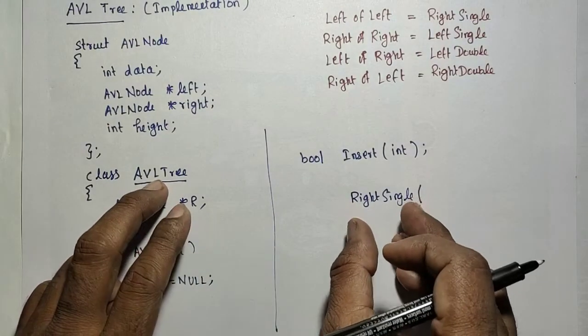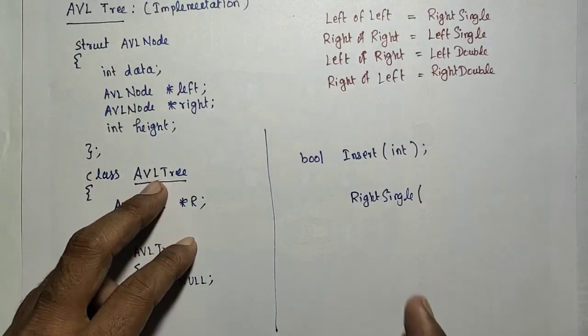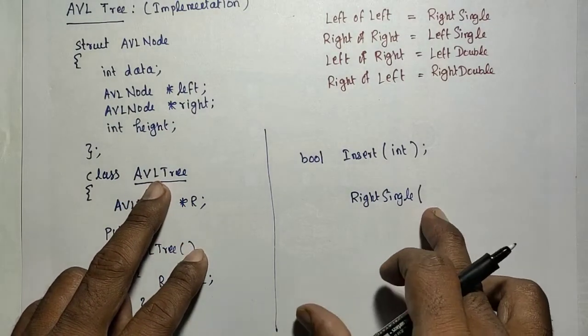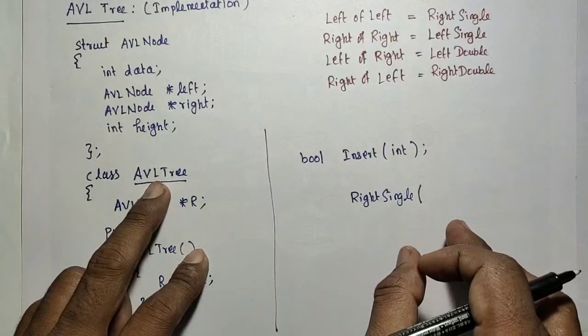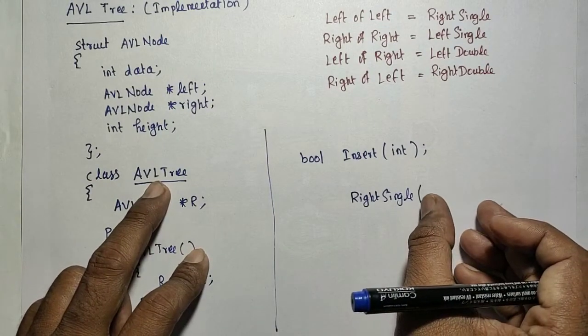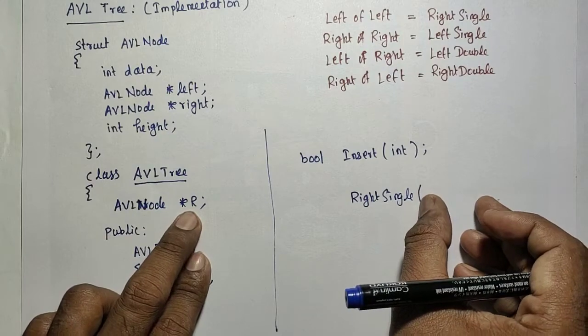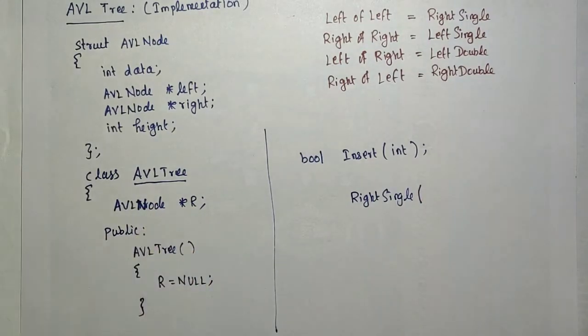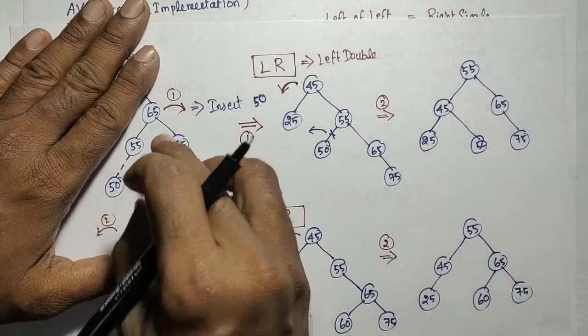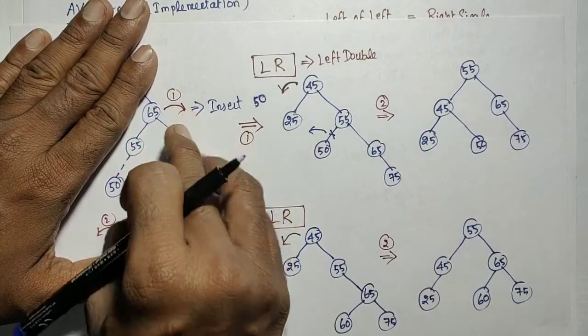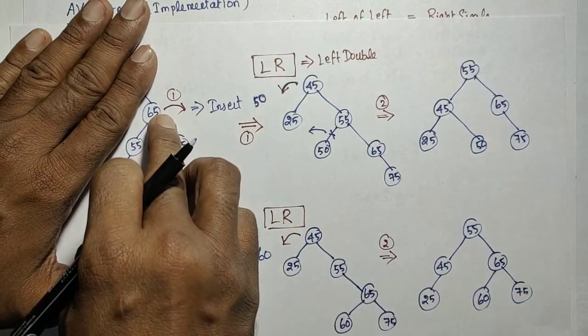The right single may belong to a subtree also. So I need to pass for which subtree you have to rotate. Okay, so I need to give that information. So for which subtree. For example, here if I want to rotate this subtree to the right side, I need to pass this address as an argument.